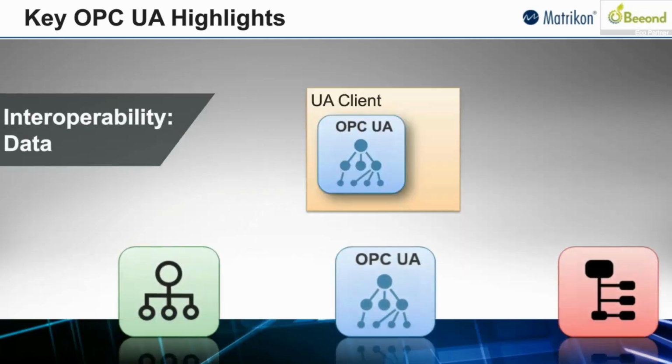So the key parts about interoperability, number one, has to do with data: the ability to create information models, or to model the structures that various products would have. What I show here at the bottom is three different colored squares, and they have their own data structures, represented by the different colored shapes.